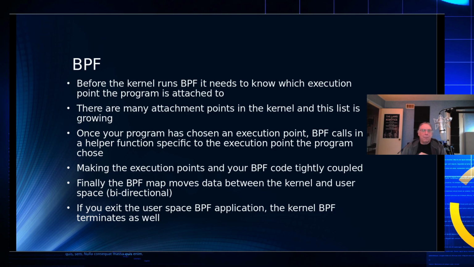I think that might be a part 2 to this, where we talk about that a little bit more. But just keep in mind that you have to attach to something that you want to look at, right? I mean, if I want to monitor performance on the I/O subsystem, I have to attach myself to something that is monitoring, in the kernel, the I/O points. So that would be the execution control point.